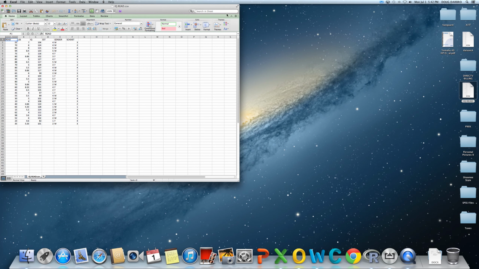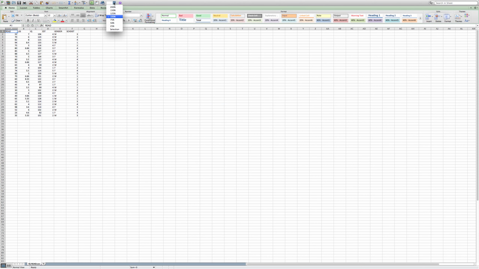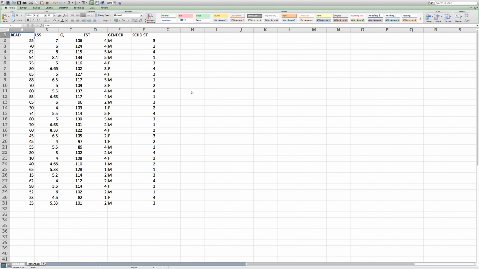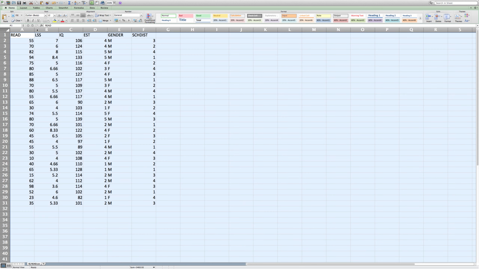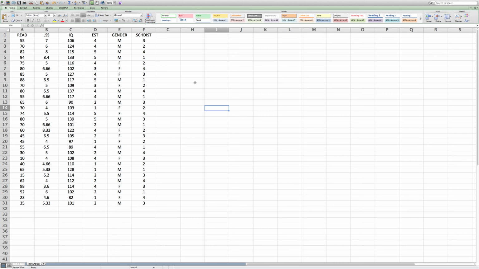If we can maximize this, let me make that bigger so you guys can see it. What we've got here is a semi-cool data set. We're all math professors, teachers, and instructors, and this kind of data set could clearly show up in something we would be asked to analyze for our students or possibly our school district.